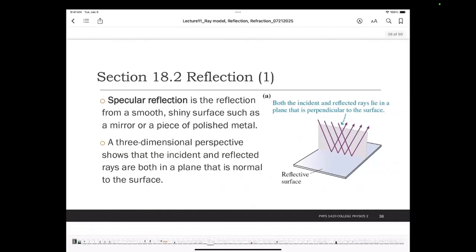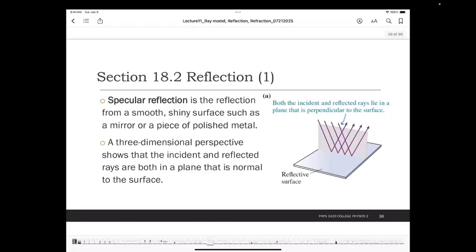Reflection. We have already talked about the ray model for light, the different light sources, and how our eyes see an object. In this section we will talk about reflection.